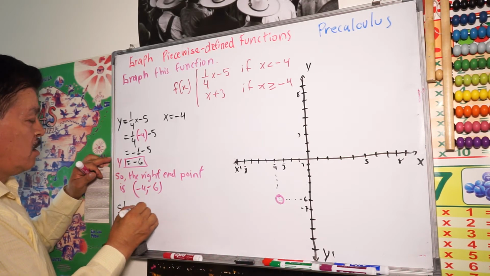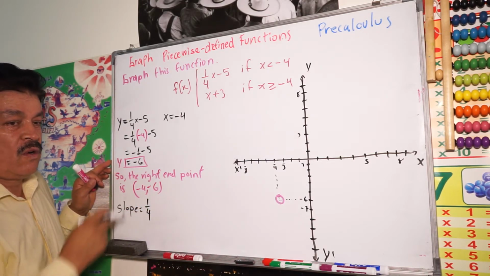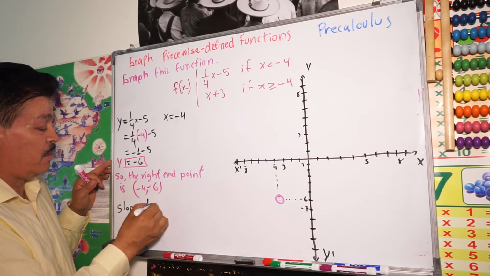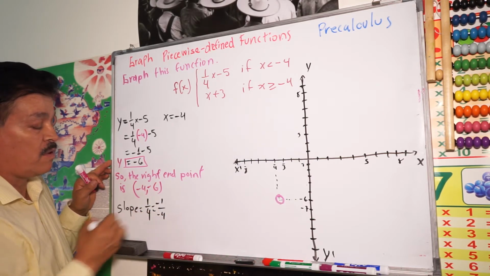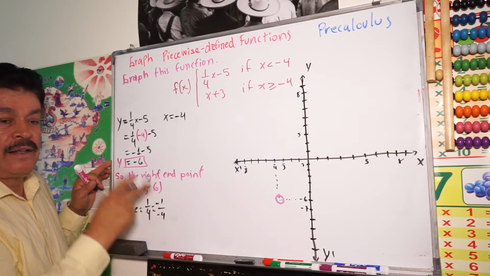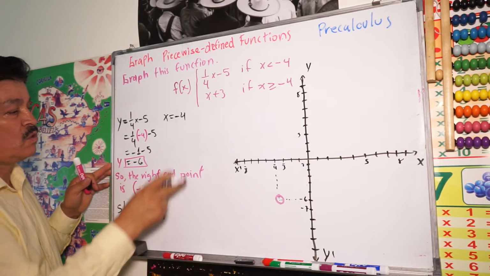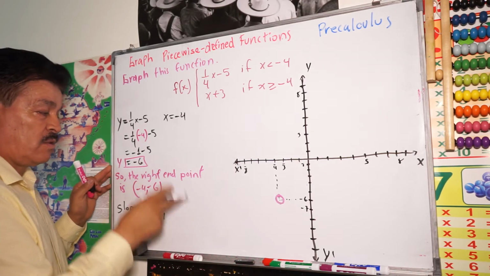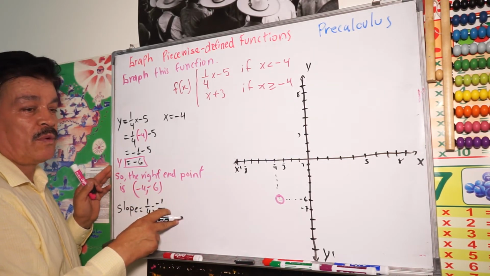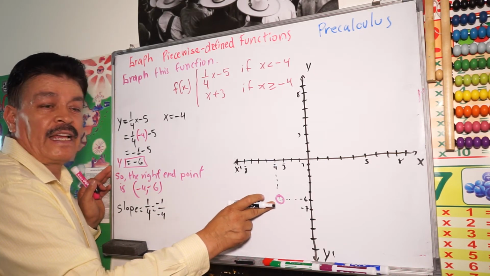We have this information, so it's rise of 1 and run of 4. We are going to start from negative 4 and negative 6 and move from there.